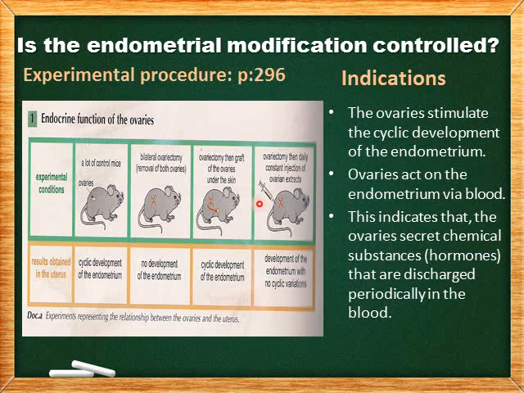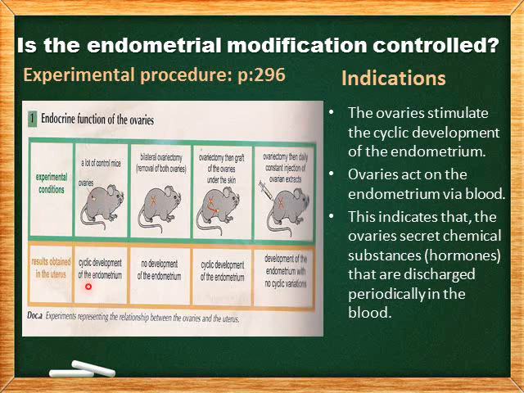For sure, here we have to ask ourselves a very important question. As you see, the endometrium changes and undergoes modification, but what controls these modifications? In order to know what controls the endometrium and the uterus, we have the following experiment, and for sure you have it in your book, page 296, so you can follow along using your book. In the first lot, we followed an experiment with a control mouse having ovaries.